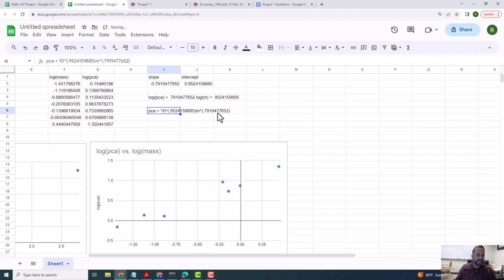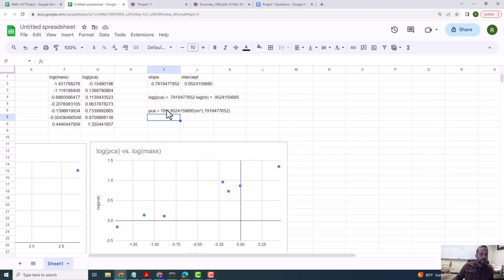Right now Google Sheets isn't doing anything with this. I'm literally writing it here so I can explain to you, using Google Sheets as a whiteboard because I don't have something to write on.